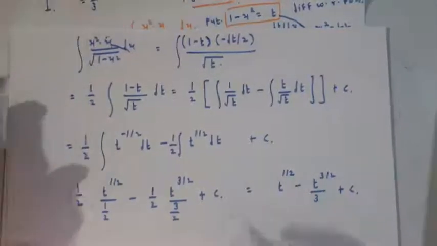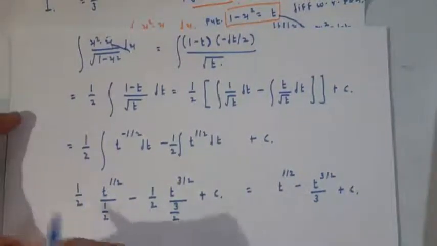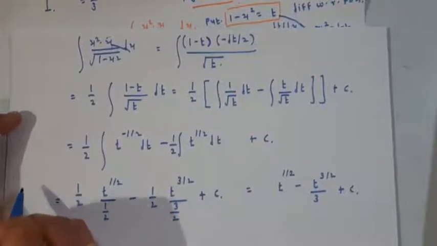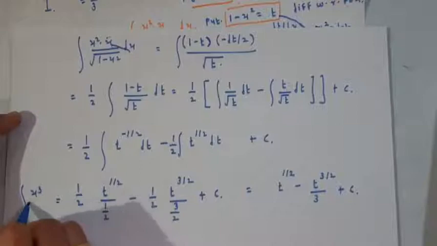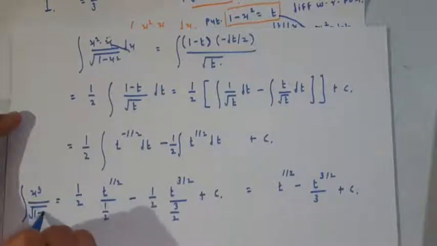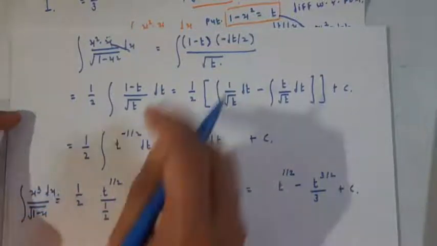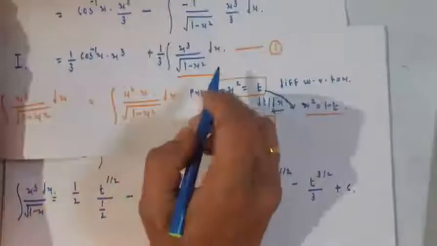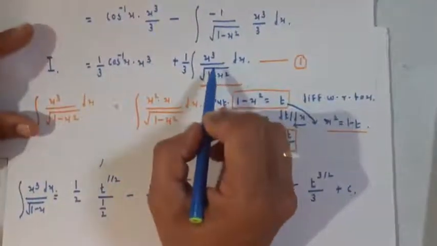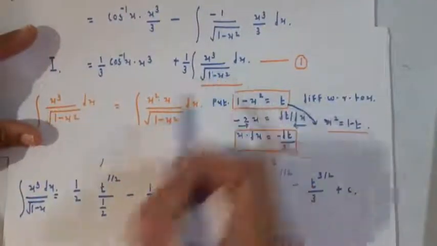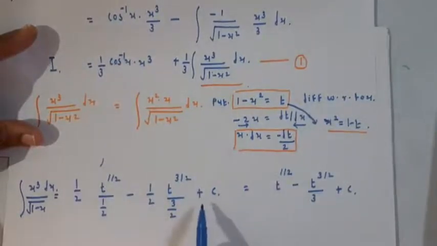Okay, and now this is the integration of x raised to 3 upon square root of 1 minus x square with respect to x. So from 1 we have solved the integration separately, and this is the value.